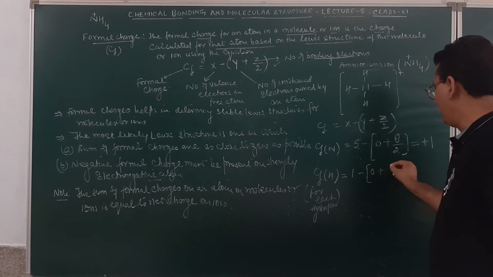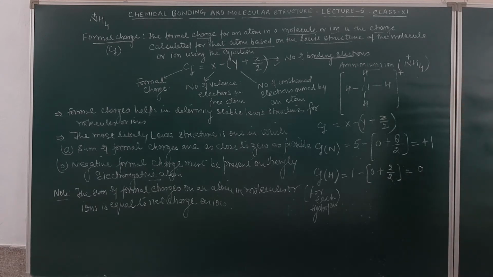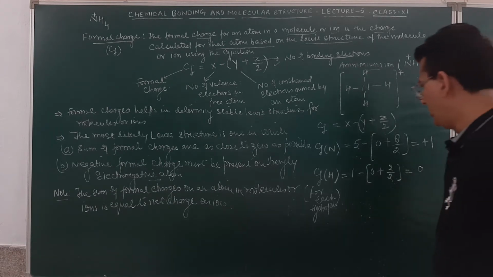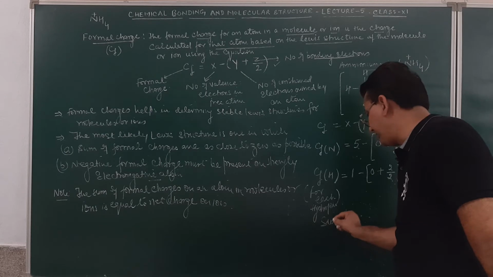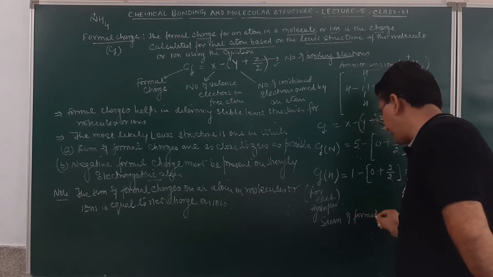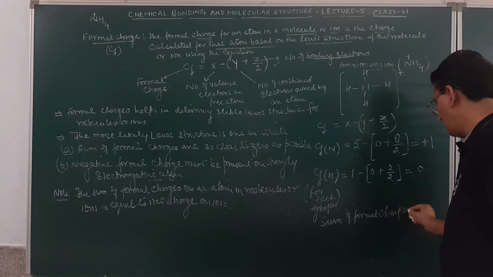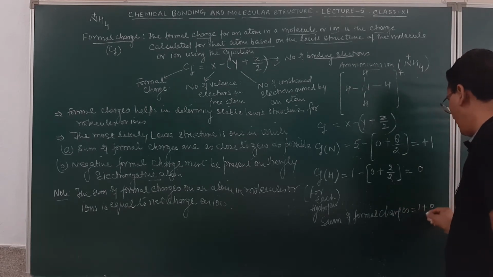So plus 2 by 2, and the value will come to be equal to 0. So what will be the sum of formal charges? The sum of formal charges will be equal to 1 plus 0, which will be equal to 1.